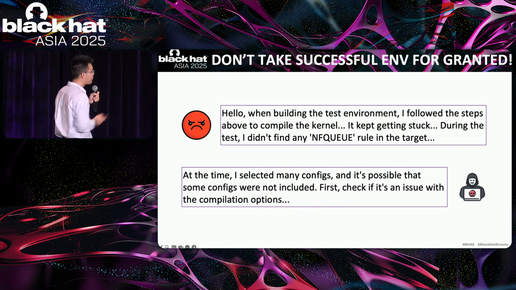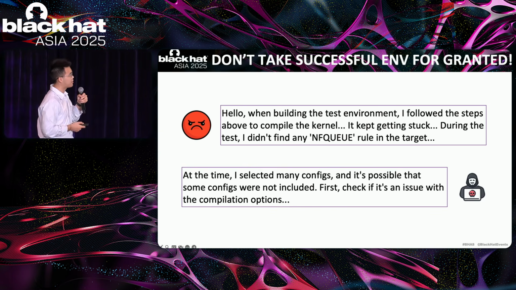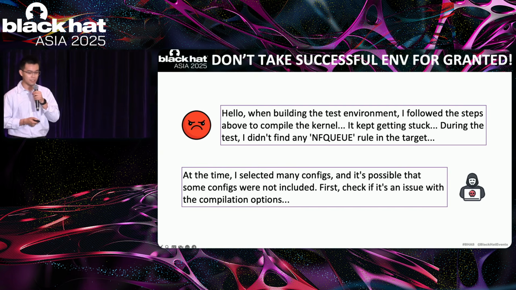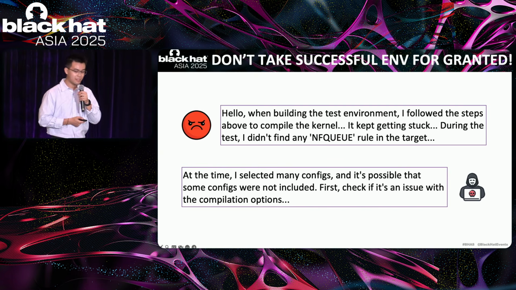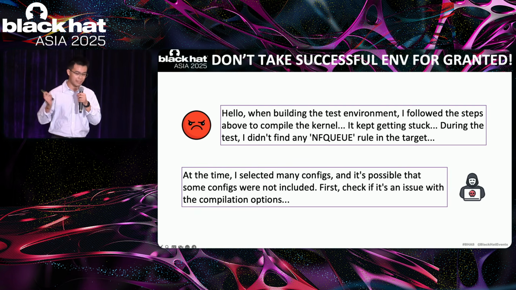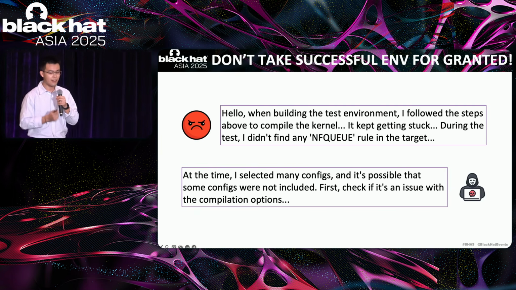But he found many difficulties. He said, hello, when building the test environment, I followed the steps above to compile the kernel, but I still kept getting stuck. And during the test, I cannot find any NFQ rule in the target.